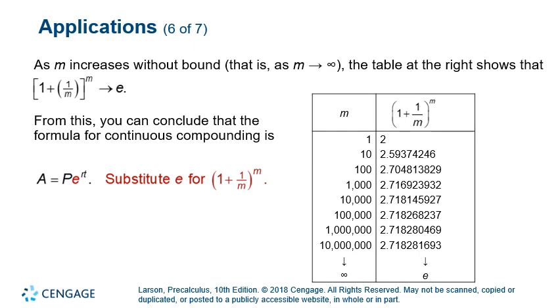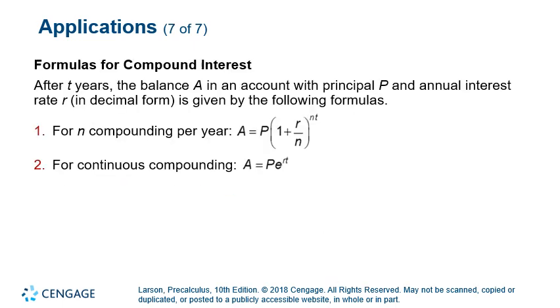Let me grab a little pen here. You'll see this formula for continuous compounding. A equals P times E to the RT. And that most certainly looks exponential. So if you have N numbers of compounding per year, like monthly, quarterly, daily, you want to use the first formula. If it's compounded continuously, you want to use the second formula.